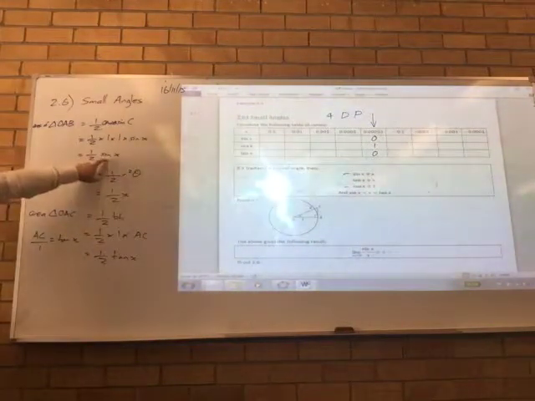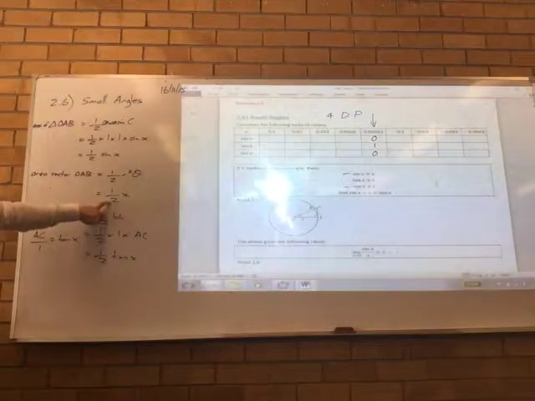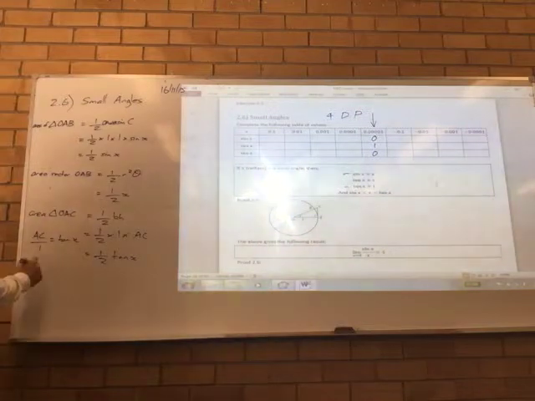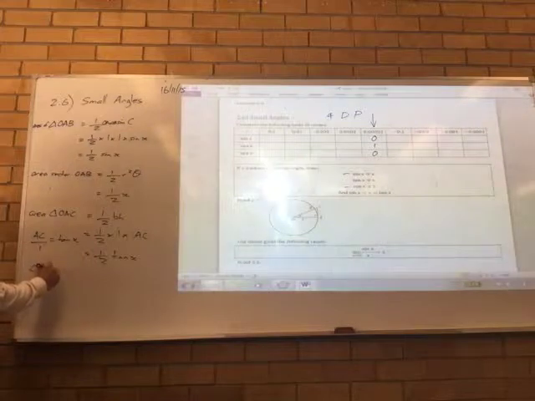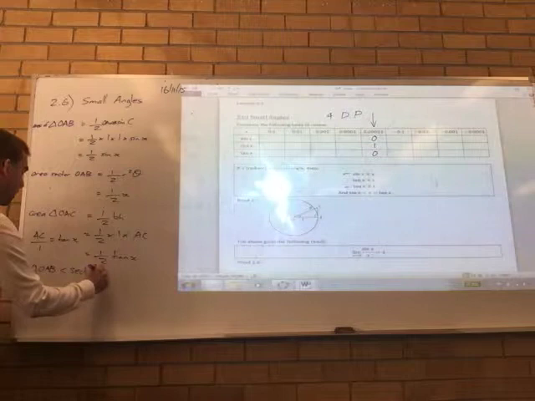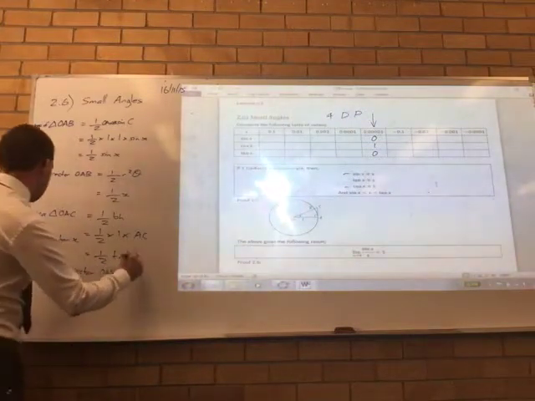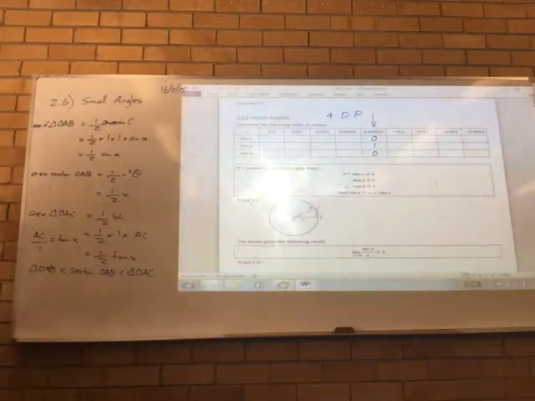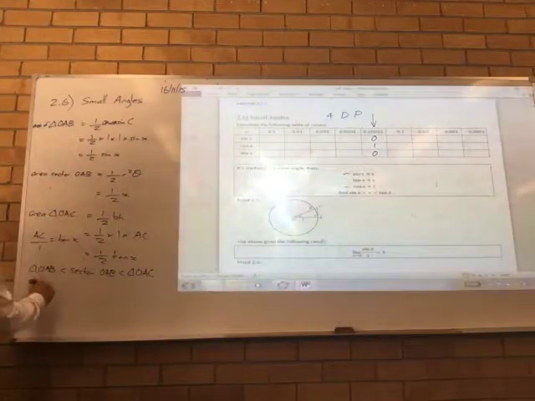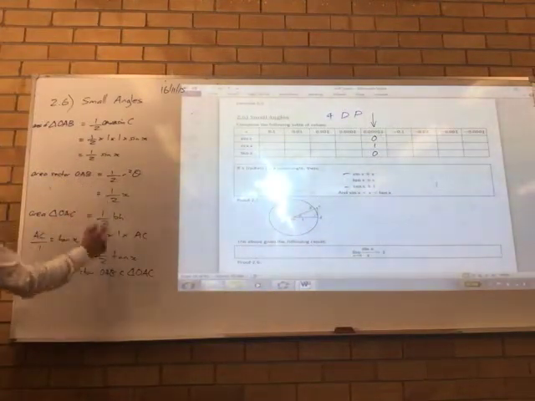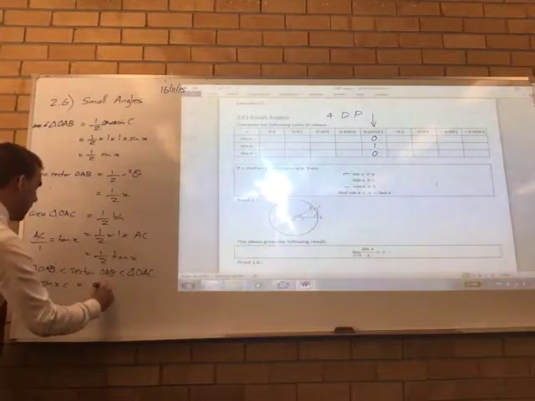So triangle OAB is less than the area of sector OAB, which is less than the area of triangle OAC. Each of them has a half, so I can cancel that out. Therefore, sine of x is less than x, which is less than tan of x.